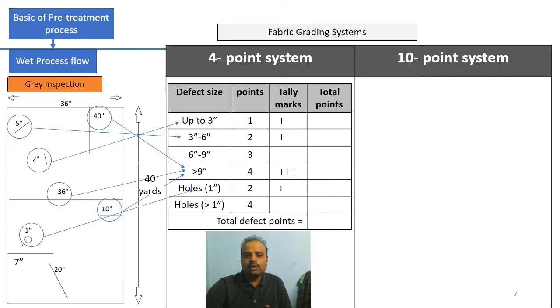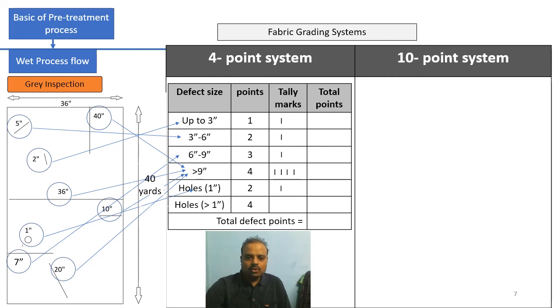Then the hole of 1 inch goes to the 1 point category, 1 tally mark. Then the 7 inch defect is under the category of 6 inch to 9 inch, so it has 3 penalty points, 1 tally mark. And now there is a 20 inch defect length, which comes under greater than 9 inch, so it has 4 penalty points and the 4th tally mark.